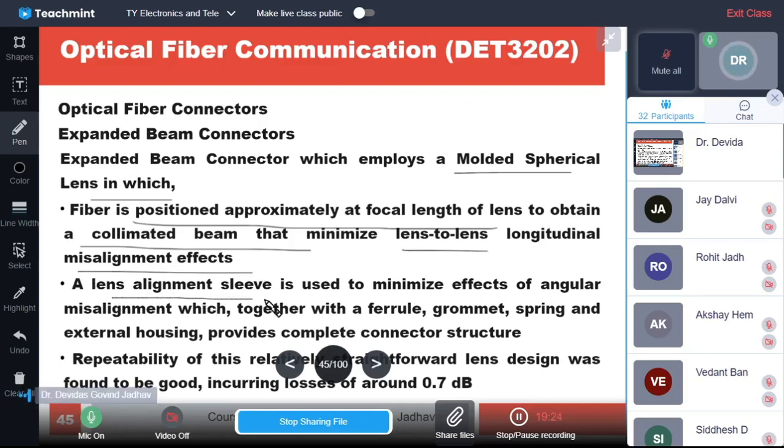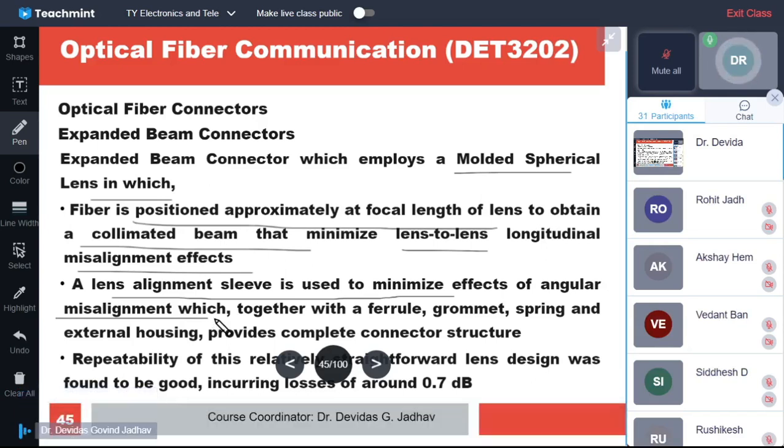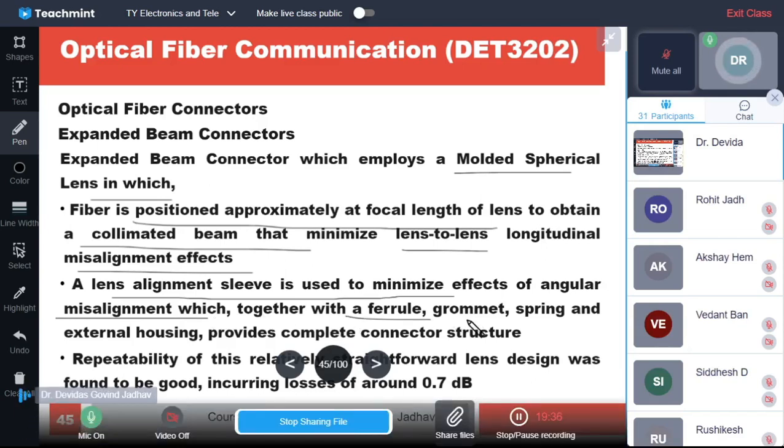The lens to lens alignment sleeve is used to minimize the effect of angular misalignment also. So this helps in fulfilling the angular alignment condition. Together with the ferrule, grommet, spring and external housing, we can adjust and reduce the angular misalignment to align it.